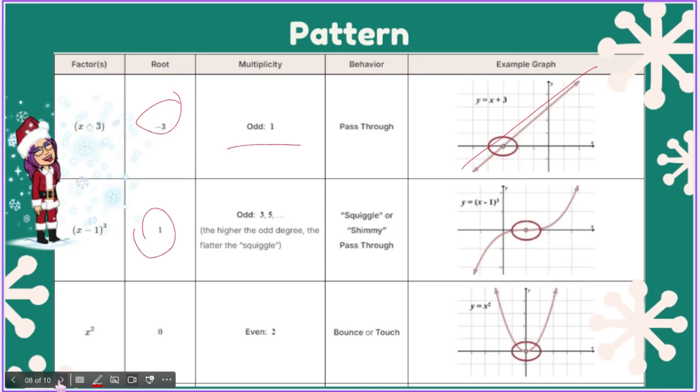We have an odd of 3, 5. So any odd number is going to be a squiggle or a shimmy. I call it a sideways S. Then if it's a square, it's an even number, which means it will touch or bounce off the x-axis.